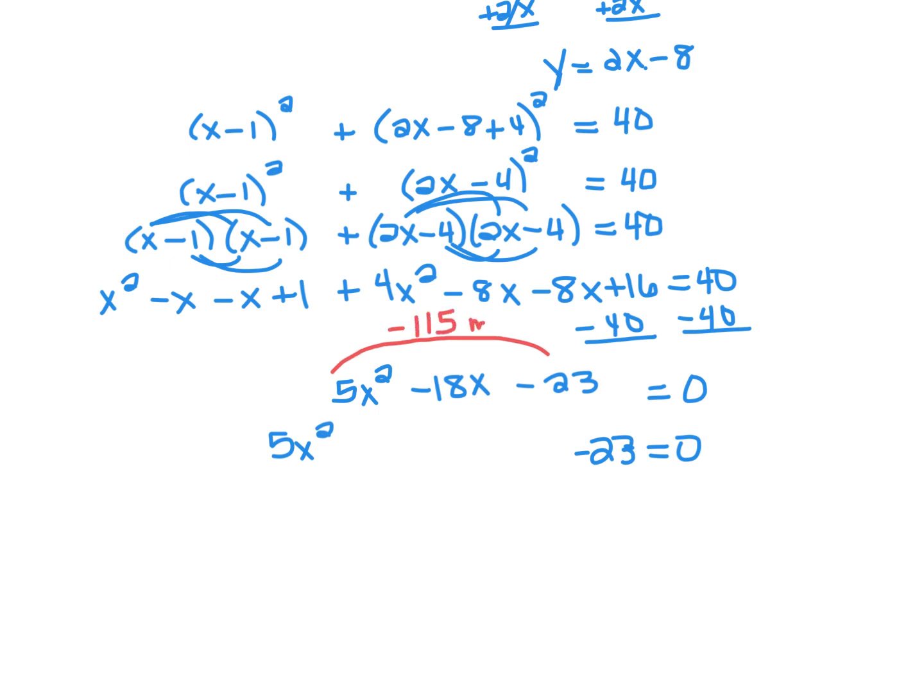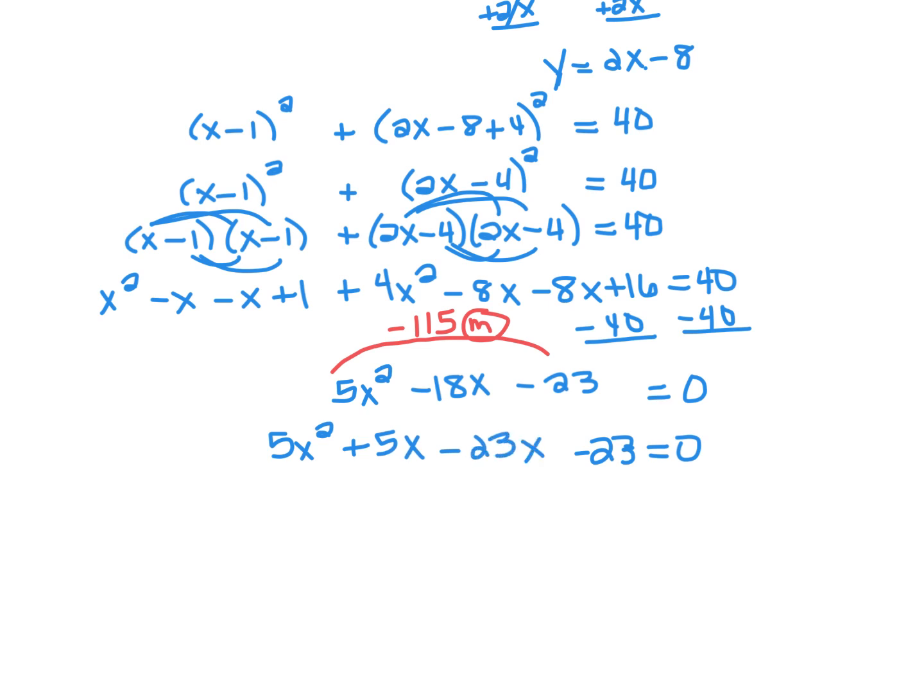So I'm going to multiply to negative 115 and add to negative 18. So positive 5 and negative 23. There you go, the two numbers we were using, right? So positive 5, and don't forget the x on that, and negative 23. And don't forget the x on that either.